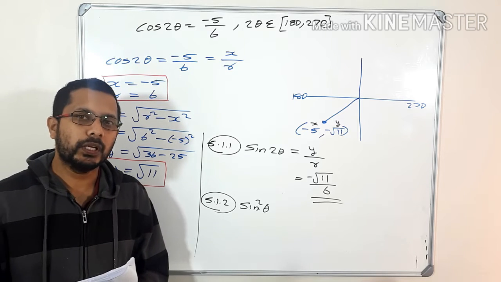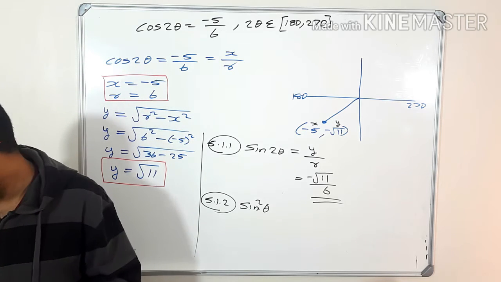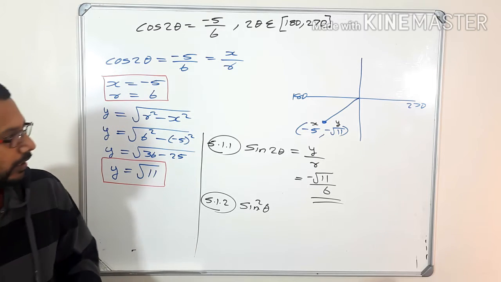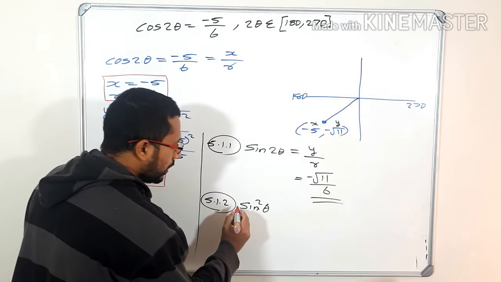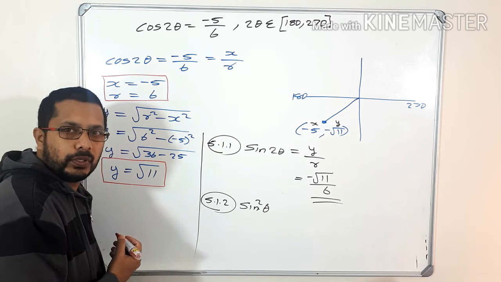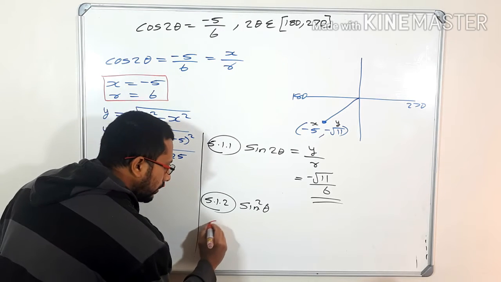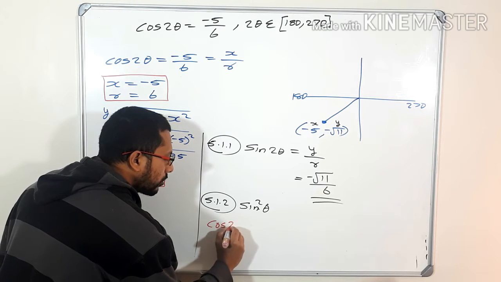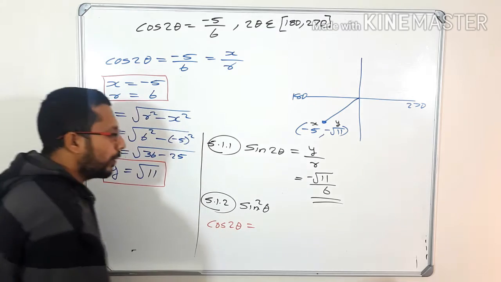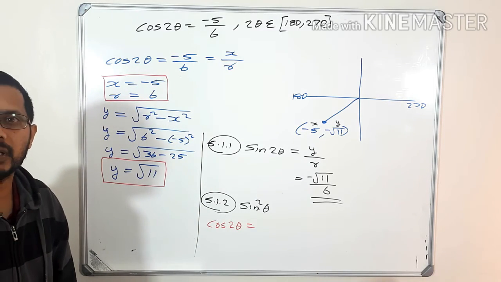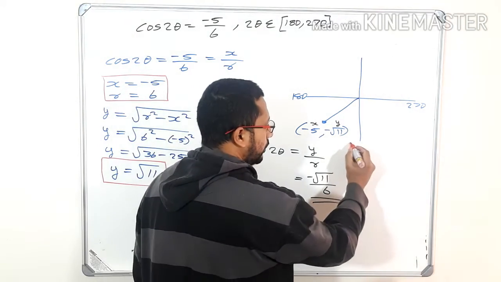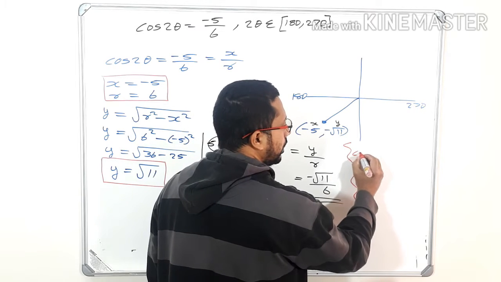In double angle you studied a formula like this. We have to find the value of sine squared theta. But tell me, what is cos 2 theta?